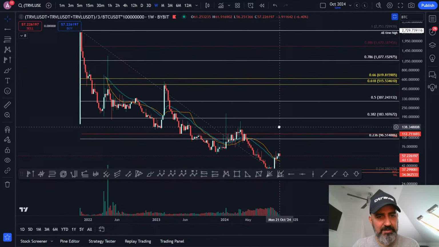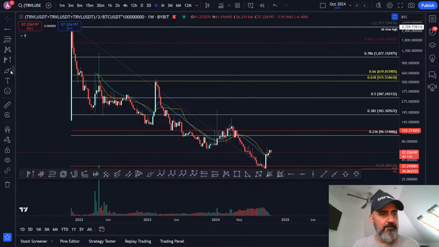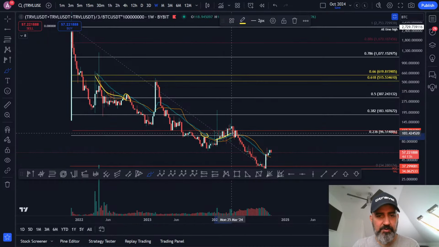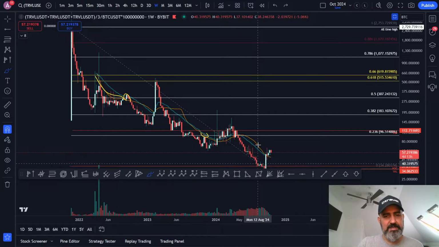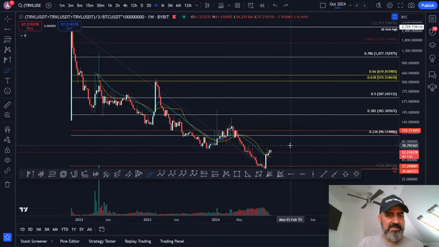When I look at the same thing on the BTC, very similar story. Resistance, fake out, another big fake out. Resistance, and then we're in support for a while, lost it, and we're back above now. So it's quite interesting to look at these things and see where we are.